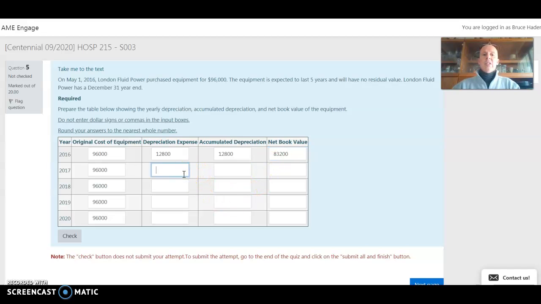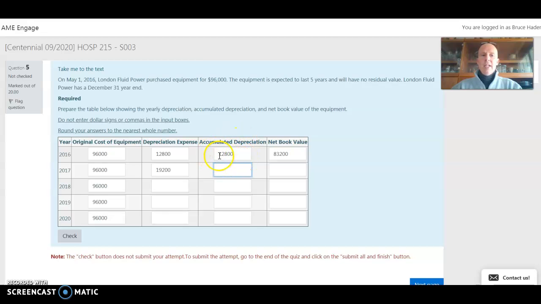Our depreciation expense for the entire year of 2017 is going to be 12 months. So we can take that $1,600 on the monthly depreciation and multiply it by 12. So $19,200 will be the depreciation expense for the full year of 2017. So we now look at our accumulated depreciation.